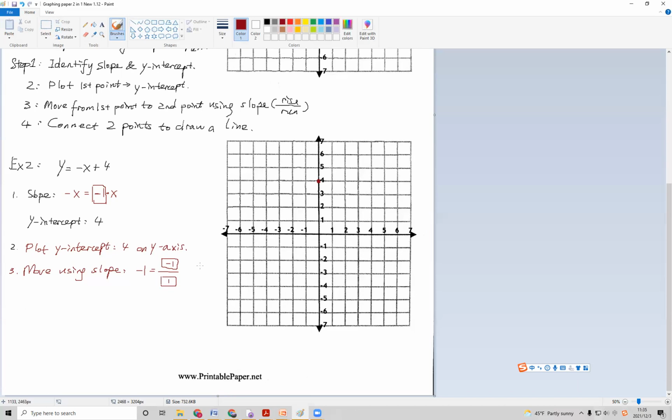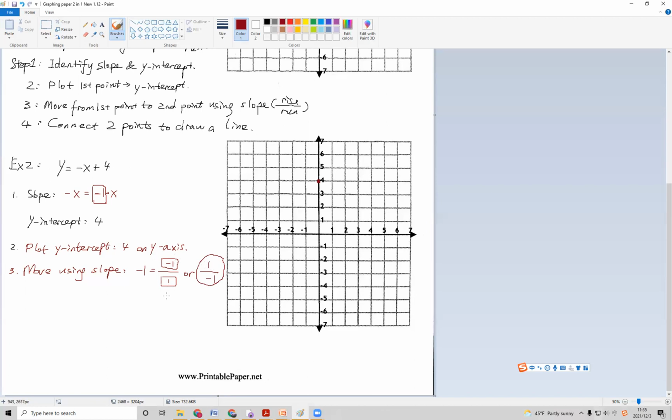Of course, if you want, you can do 1 over negative 1. The sign can be moved down, it's the same. Either leave it on the top or at the bottom, both are the same. Now, how do we move from this first point? I may do rise over run, and I may choose the rise as a positive number if you don't want to do a negative number.